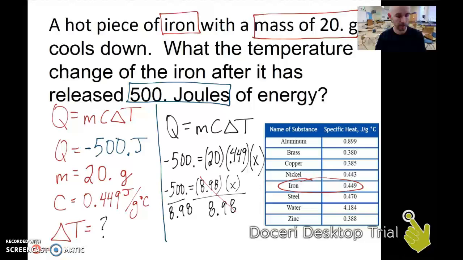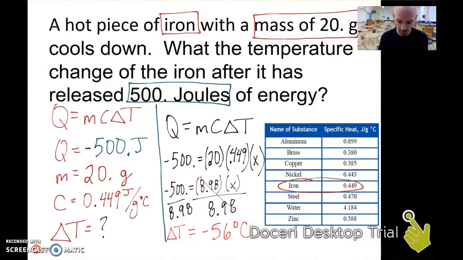And then I'll do negative 500 divided by 8.98. And I got negative 56 degrees. So that means my change in temperature, so I can call it delta T now, is negative 56 degrees. So this piece of iron, when it lost 500 joules of energy, its temperature went down by 56 degrees Celsius.